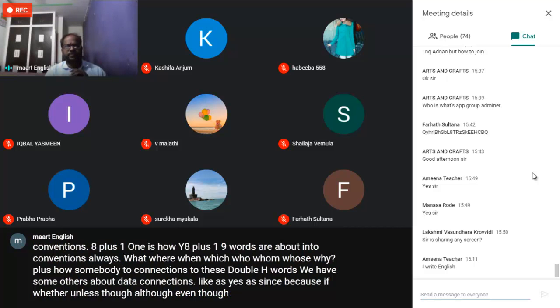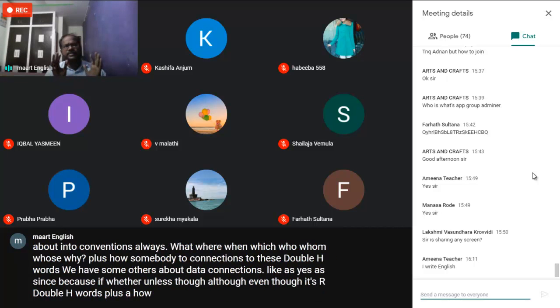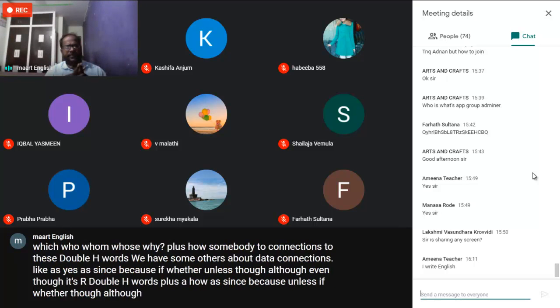All WH words plus how, as, since, because, unless, if, whether, though, although, even though. These are called subordinating conjunctions.